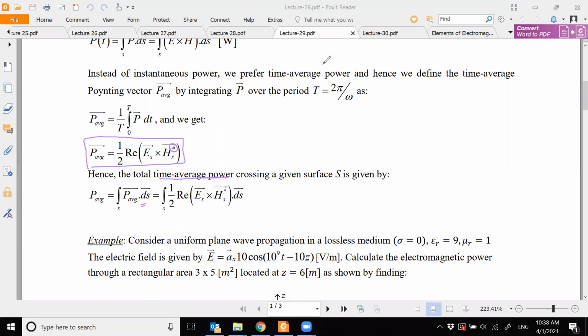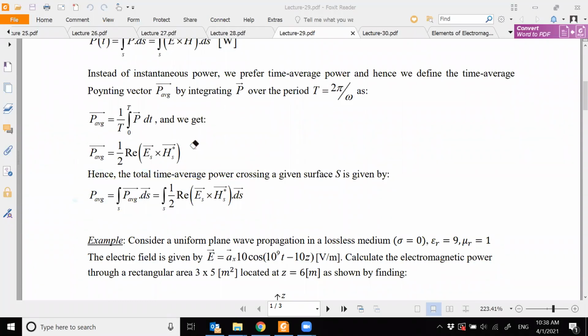So this is how you can find the electromagnetic power crossing any surface because of my transverse electromagnetic wave. First I will find the P average Poynting vector, and from there I can find the time averaged power.